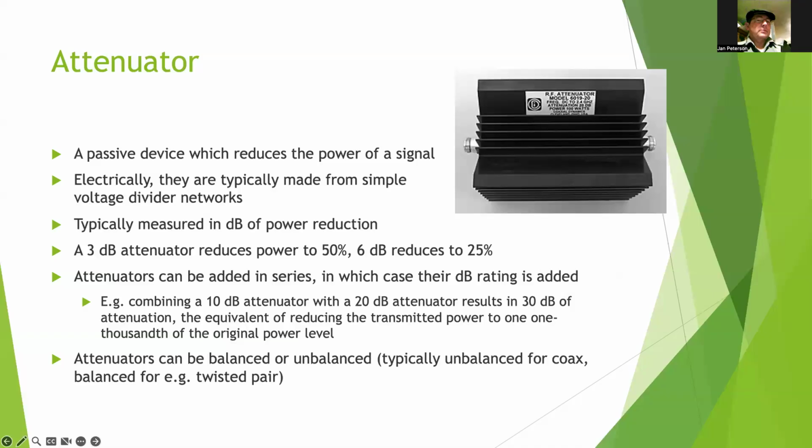They're typically unbalanced for coax cable or balanced for a twisted pair cable. We did have a class on baluns, and I unfortunately wasn't able to attend that week, but in that class you learned the difference between balanced and unbalanced networks. So you can build attenuators for balanced systems and for unbalanced systems.